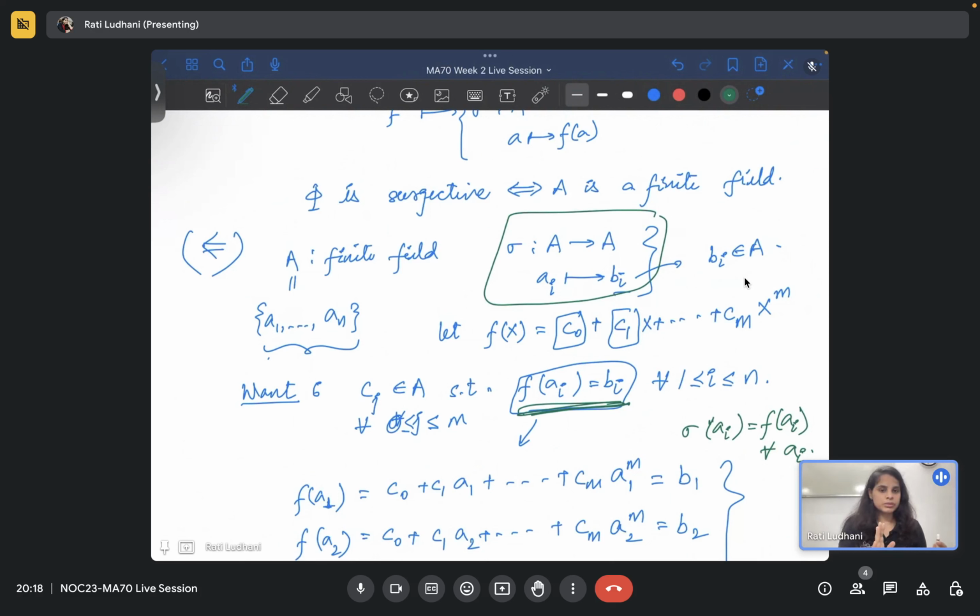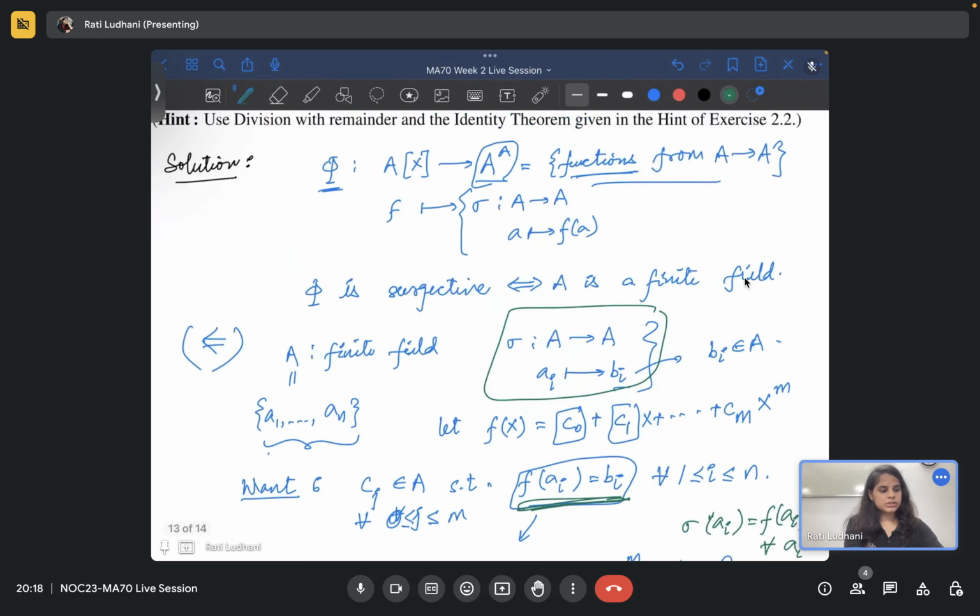Surjectivity is not of sigma. The surjectivity is not something we are proving. We are proving that all the functions from A to A can be written as some polynomial of this kind.